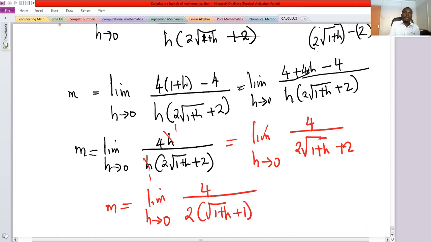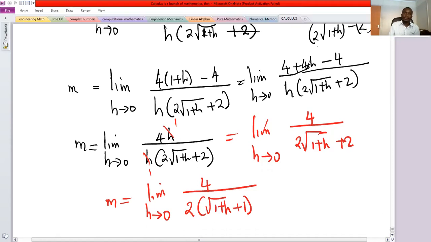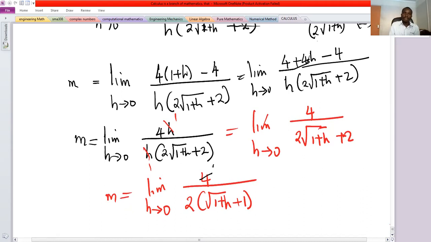And by doing that, 2 and 4 divides. So this is 2, this is 1. So it will be limit as h approaches 0 of 2 over root 1 plus h plus 1.